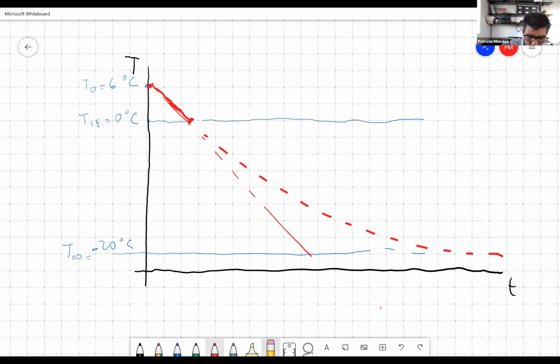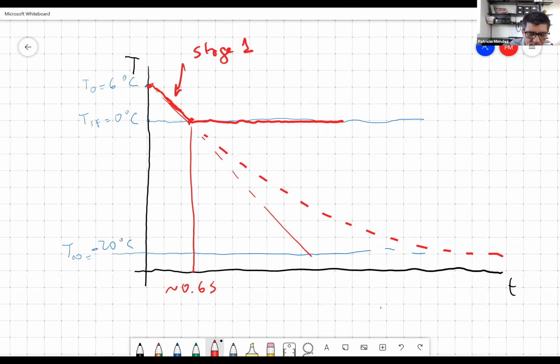What in reality happens is that this time here was about 0.6 or 0.5 seconds, something like that. And then it stays at the same temperature. This was stage 1, and this is stage 2.